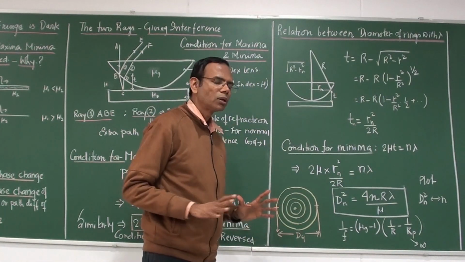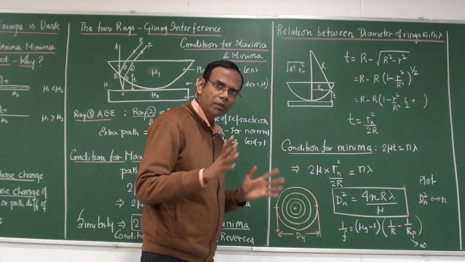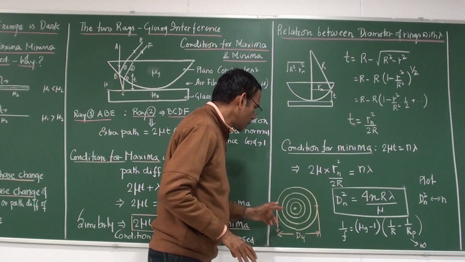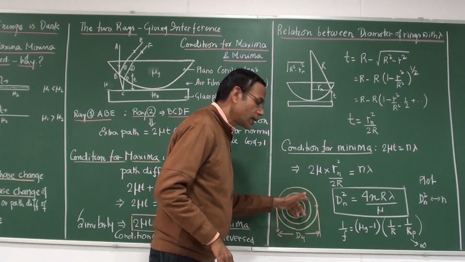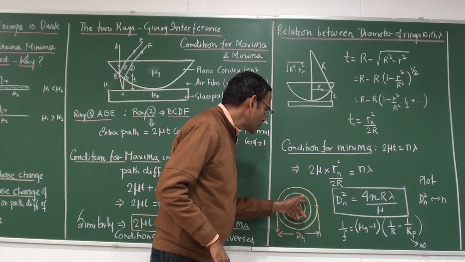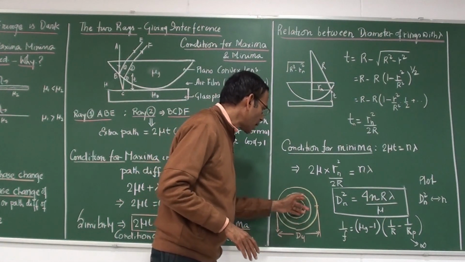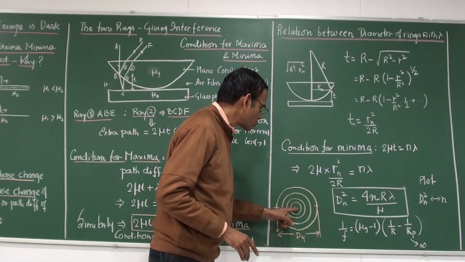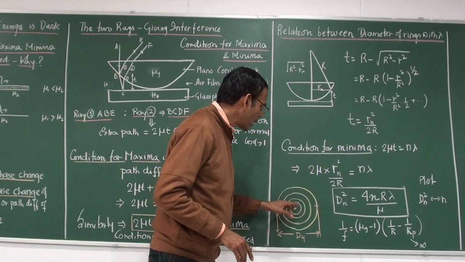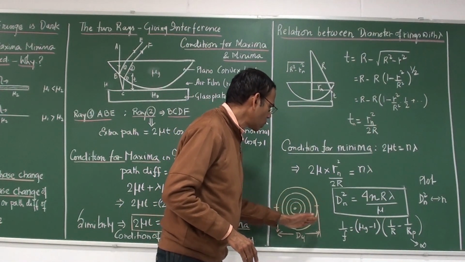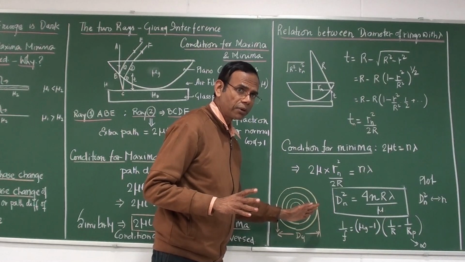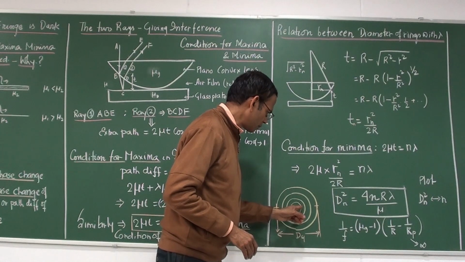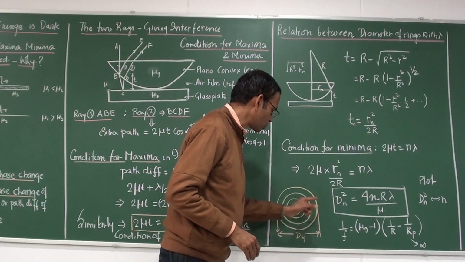Now how to measure it? We will show you the experimental details. But here, as you can see, just by seeing this diagram, these yellow lines are basically the dark lines, and in between is the white region. So dark and bright regions. Now, first of all, one has to focus the crosswire on the dark fringe, and then go to the extreme left of the ring whose diameter I am interested in. Suppose I am interested in the fourth ring: first, second, third, fourth.